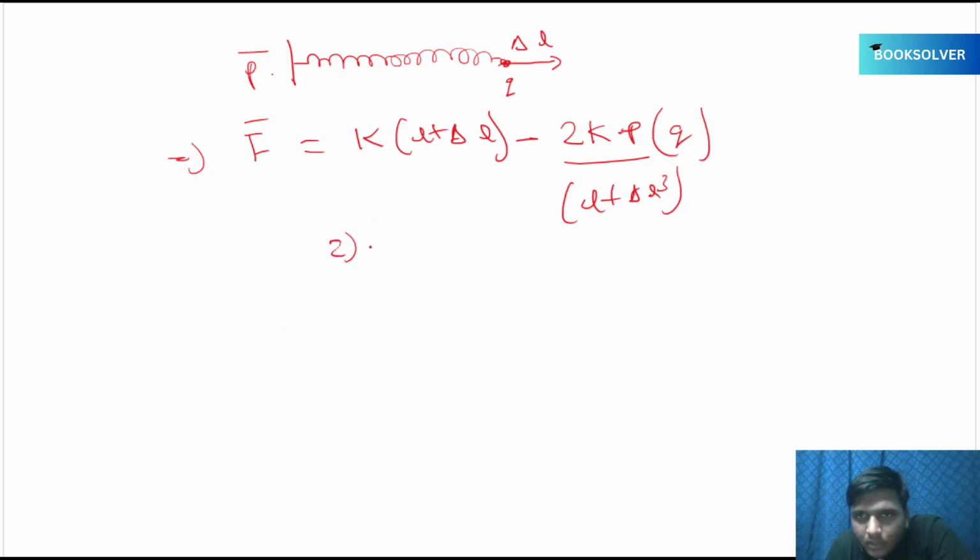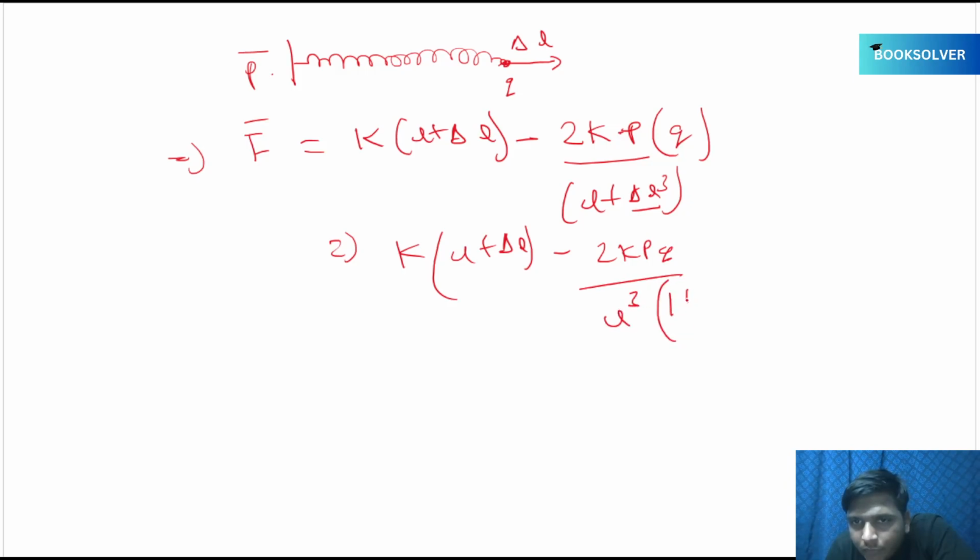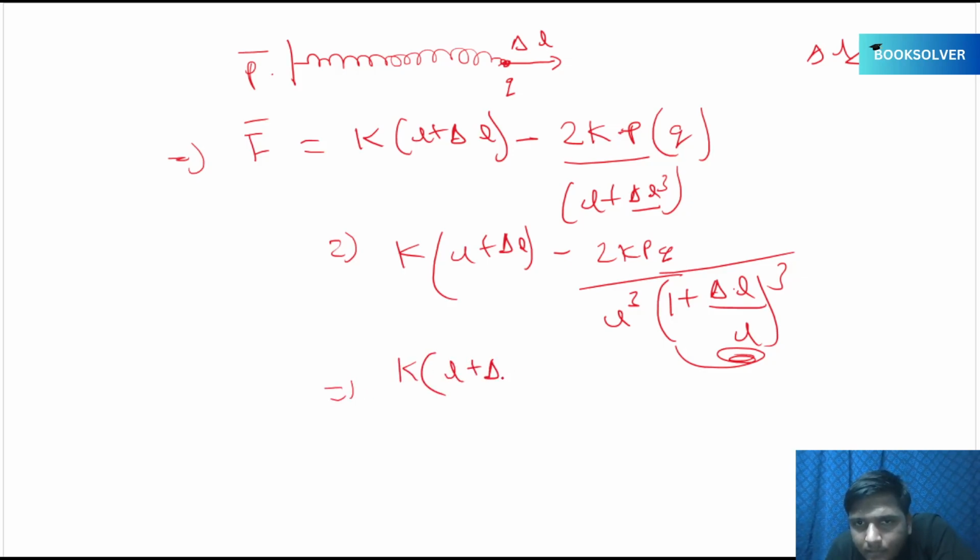As given, delta L is very small, so we can first make it common: K(L plus delta L) minus 2kpq by L cube times 1 plus delta L by L, whole cubed. Since delta L is much less than L, we can use the binomial expansion and write it as K(L plus delta L) minus 2kpq by L cube into (1 minus 3 delta L by L).